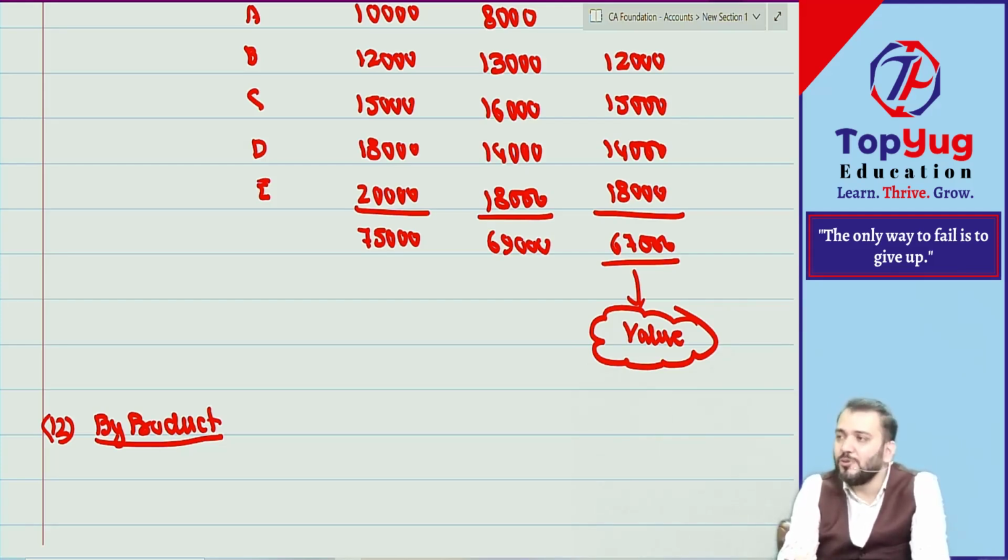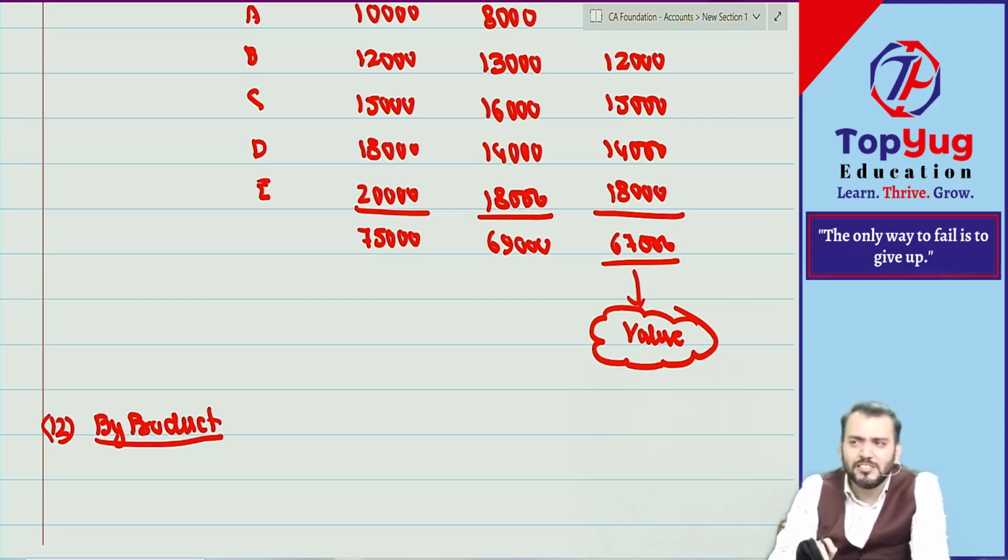For example, if you produce ghee from milk, milk is the raw material and ghee is the finished good. But in that process, buttermilk will also come. That can also be sold in the market. That is known as byproduct. There was no intention to produce it, but it can be sold in the market.